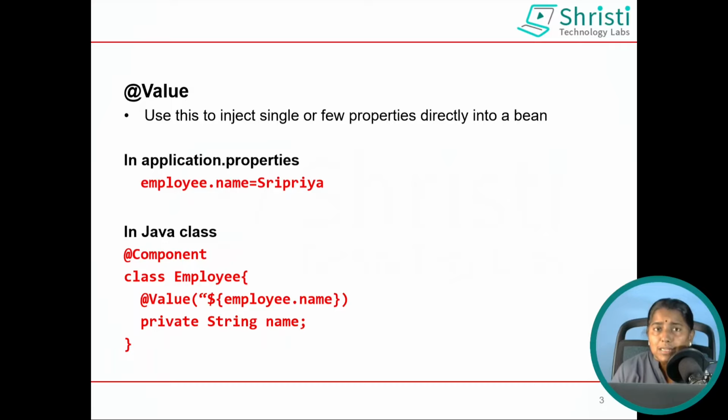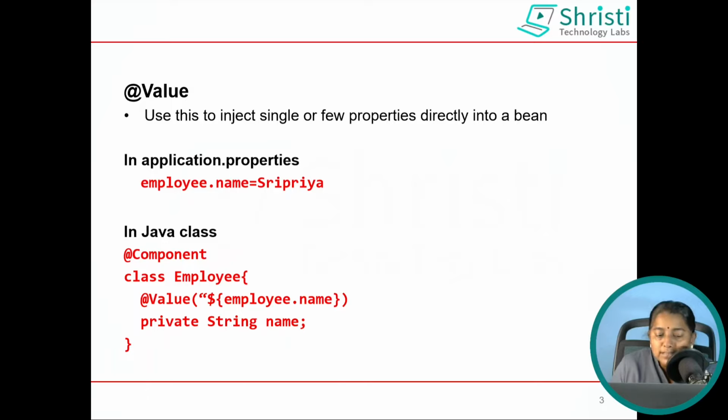The @Value annotation is used for injecting the properties from application.properties or YAML file into the instance variables of your Spring Bean. Here is an example. In application.properties, I have added a property as employee.name and the value is Sripriya. I want this value to be injected into my name in the Spring Bean.